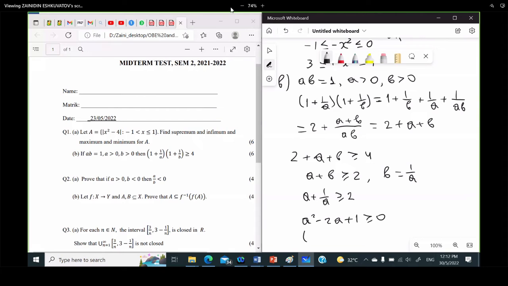And this one is A minus 1 square. So A minus 1 square is valid for any A, not only positive, even for A from R. For any A, this one is valid. Particularly, A is greater than 0, definitely it is valid.